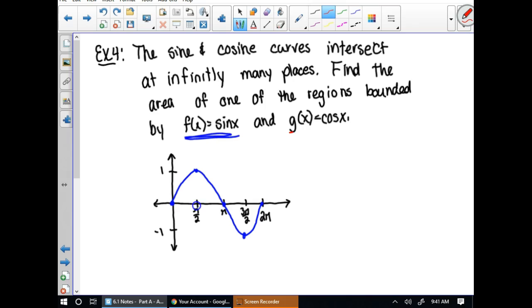And then if we graph cosine, cosine begins at a maximum point and goes to the midline, minimum point, midline, maximum point. So cosine is going to look like this.